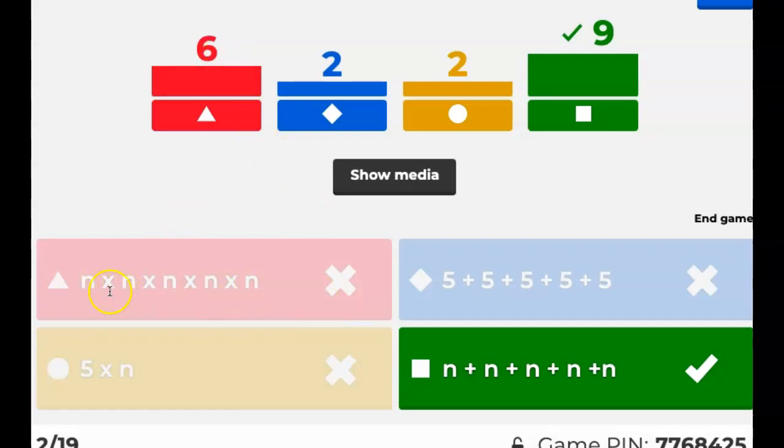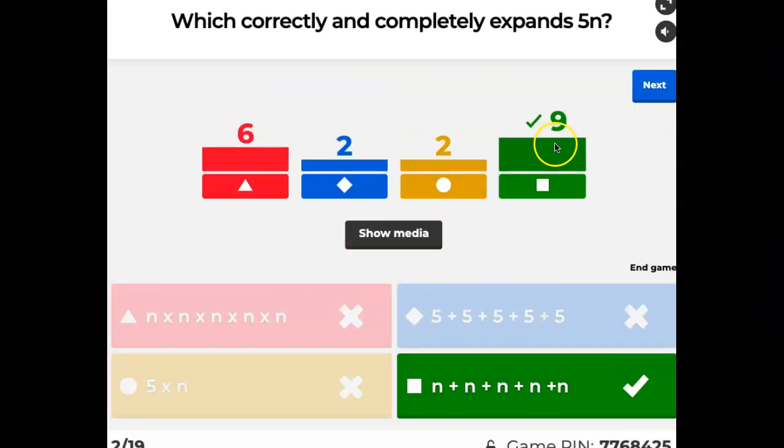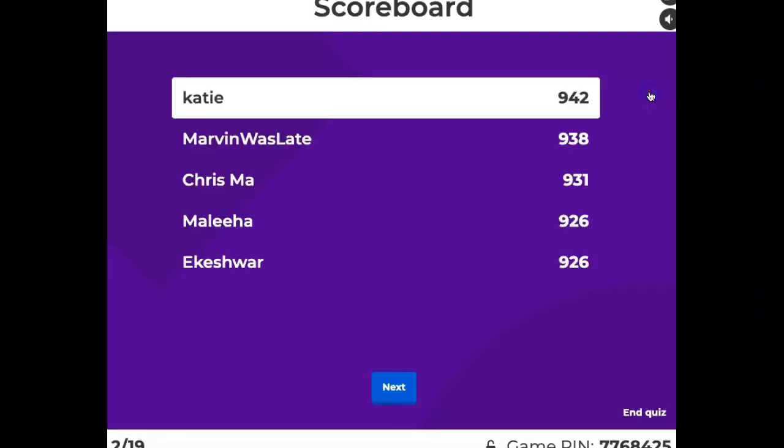Remember, this is n to the power of 6. Expand means break it apart. So that's the answer. Let me pause this and go to the next question.